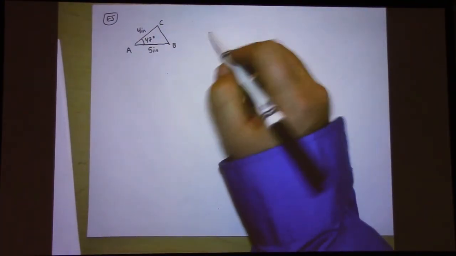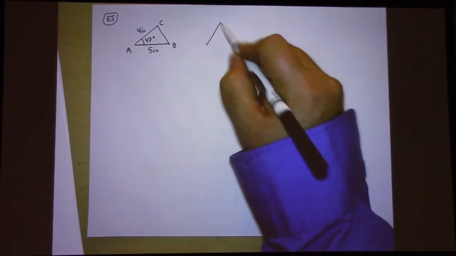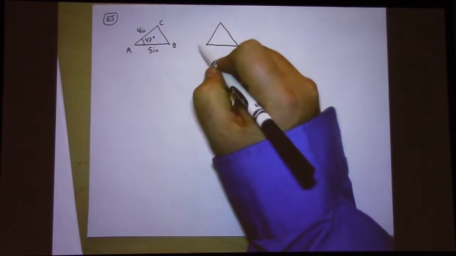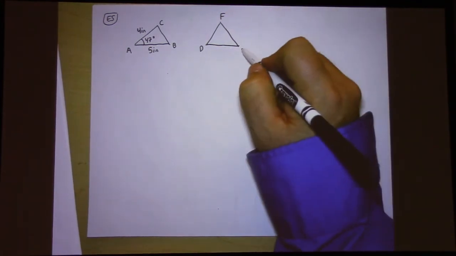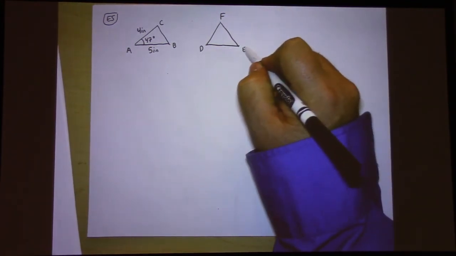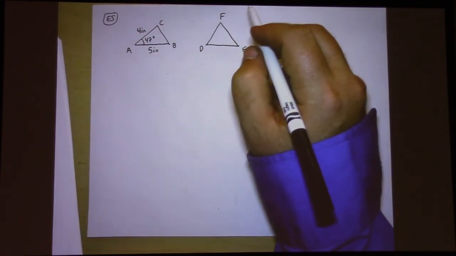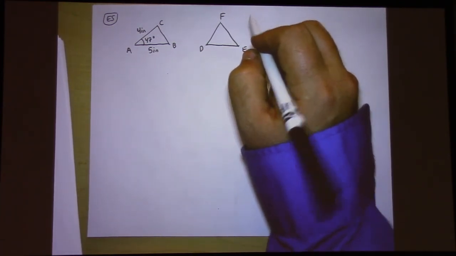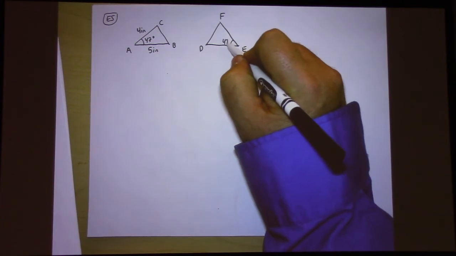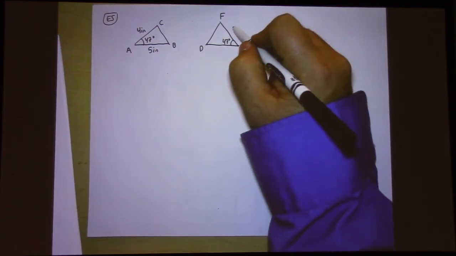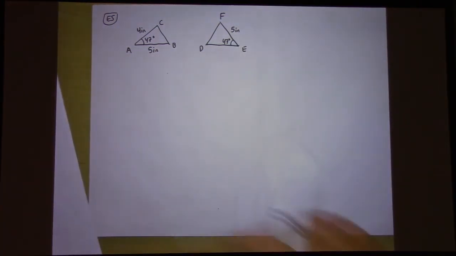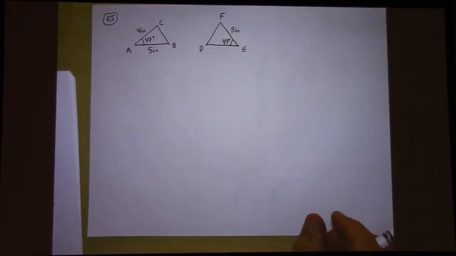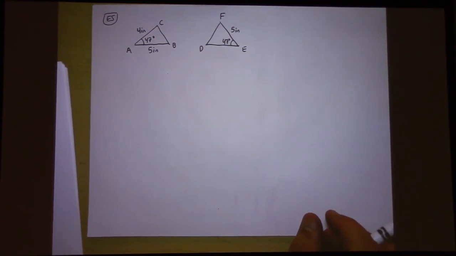So I've got this triangle, and I've got this other triangle over here, D. We can refer to a triangle by its vertices, right? So like the one is the ABC triangle, the other one here is the DEF triangle, yeah? All right, and this is 5 inches here. And then the question is, determine whether the two triangles are congruent. If they are congruent, state by what theorem?